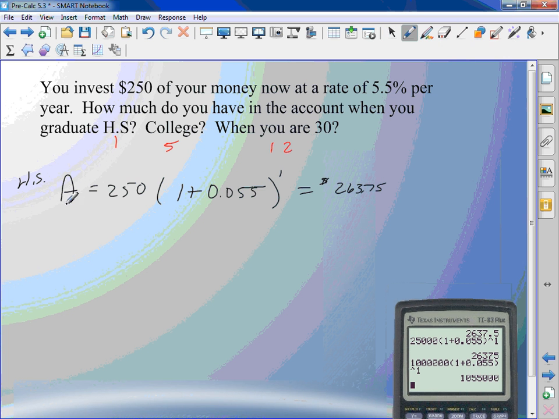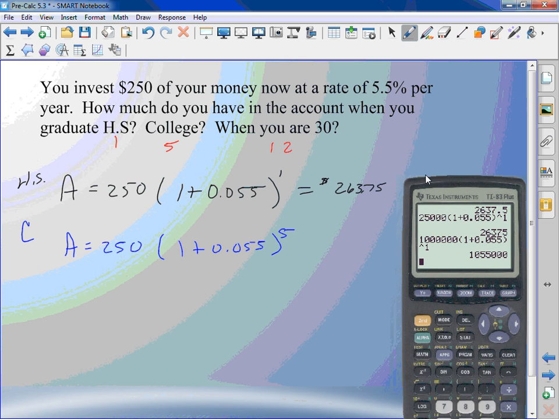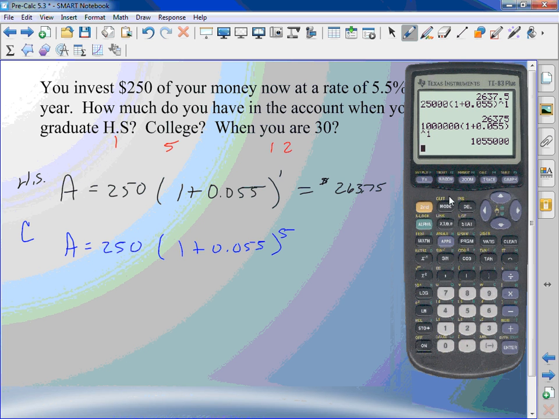All right, for college, A equals 250, 1 plus 0.055 to the what power now? To the 5th power. Because when you graduate college, it'll be 5 years from now, hopefully.